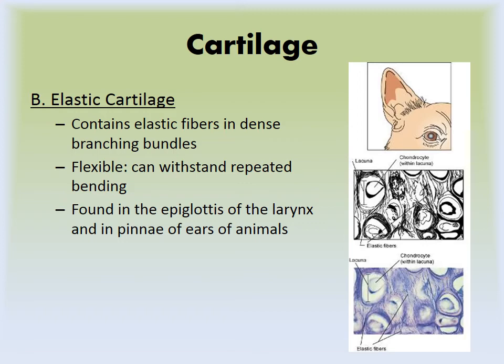It actually has a little bit of structure to it, and that's because it's cartilage within that epiglottis, specifically elastic cartilage. And the pinna, the ear flap in our cats and dogs, is not just soft, floppy tissue. It actually has some structure to it, and that's because there's very thin cartilage in there, and it's specifically elastic cartilage.